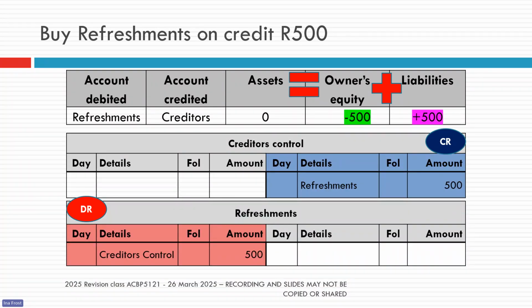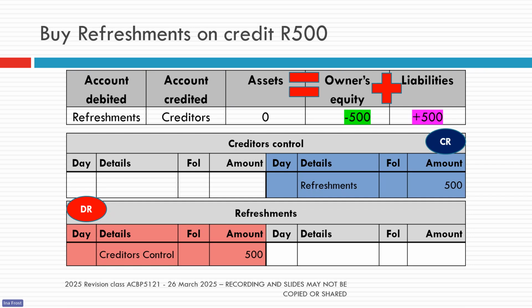Again, in the general ledger, it's going to look like this. So we know in terms of debit, credit, that expenses will be debited when they increase. So you can see there at the bottom on the red side, my expenses are being debited. And then my liability, the creditors control, I'm going to use credit.